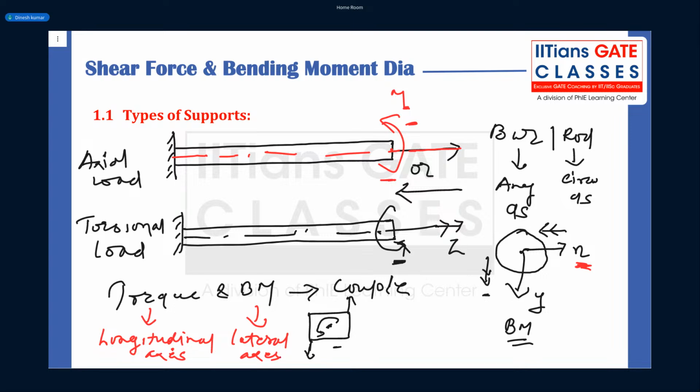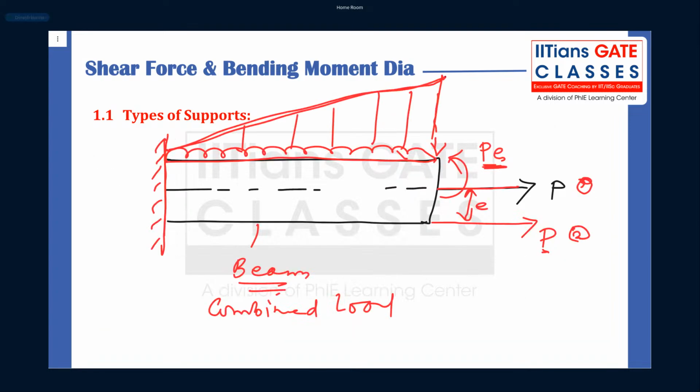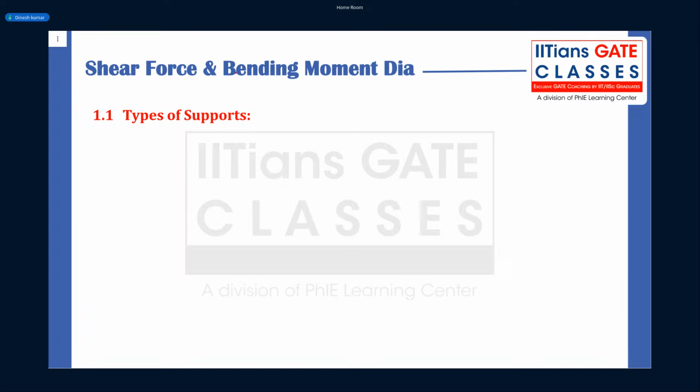Where does it happen? It happens in the case of a column, right? So when is this slender structure known as a column? Can anyone tell? Sudden change in shape is buckling? No, it's not.